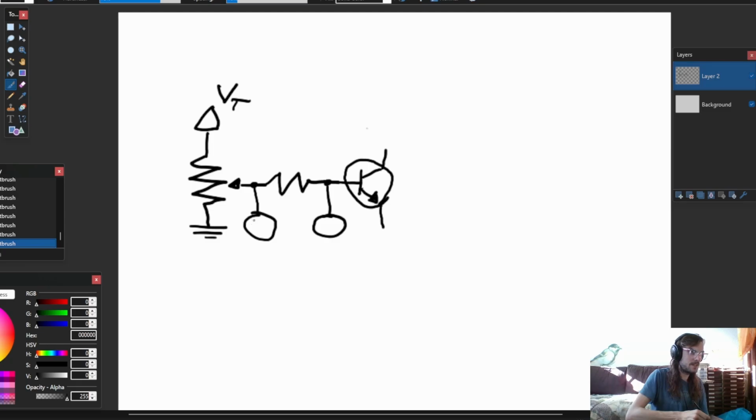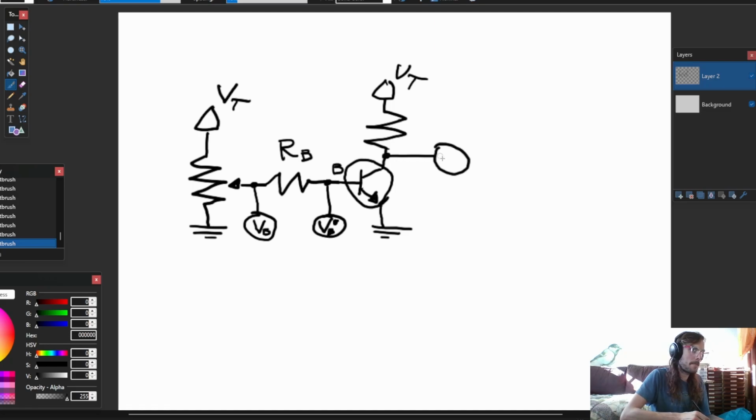I'm just going to call this one VB and this one VB prime, and this means voltage compared to ground. And then I'm going to call this resistor RB because this is the base of the transistor. And I added a little resistor here that goes to the voltage, and then this goes to ground. And then I also measured the voltage over here, and this one I will call VC because this is the collector.